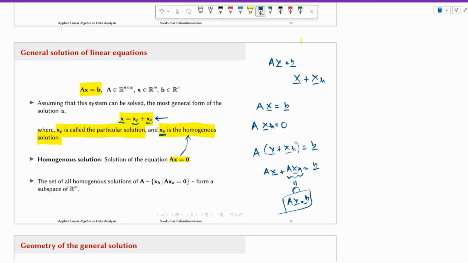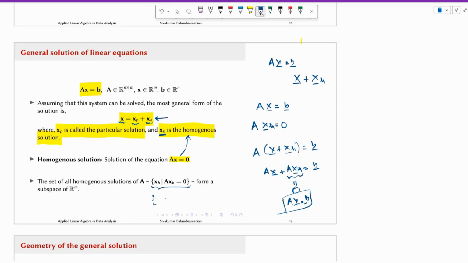And that brings us to the case of when you have a unique solution or infinitely many solutions. Consider the set of all homogeneous solutions of A. The curly brackets mean it's a set, containing elements xh such that A times xh is equal to 0.